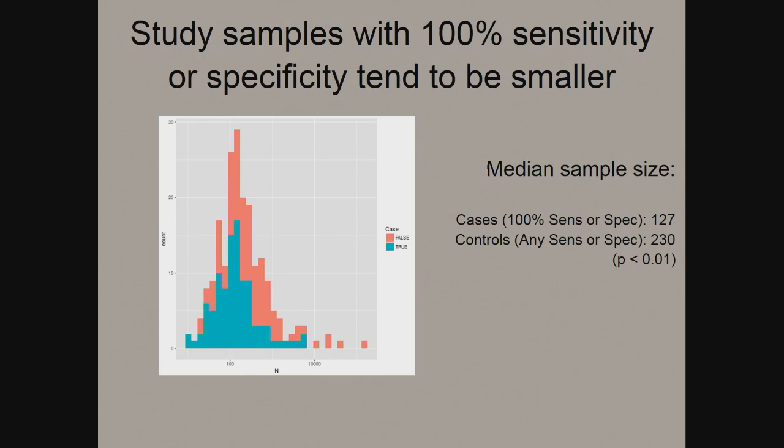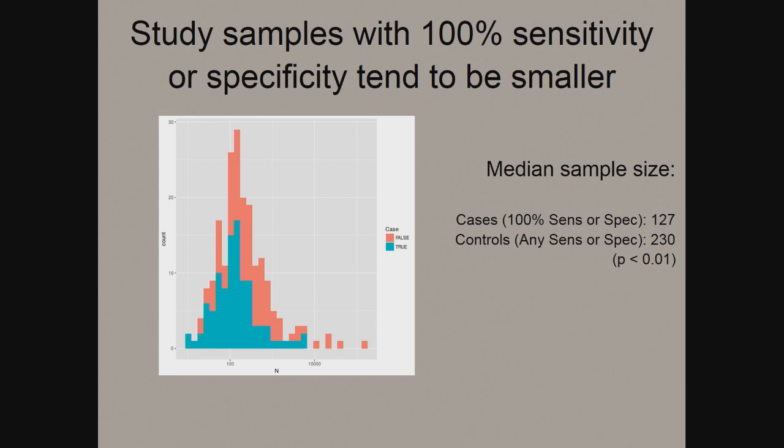And it turns out that if you see a study that has 100% sensitivity versus a study that has 99% sensitivity, you should actually trust the test with 99% sensitivity more. And the reason for that is, imagine you did a study with 10,000 people. That study will not have exactly 100% sensitivity.